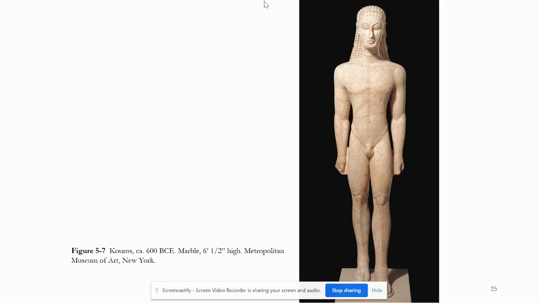And so you see that in this figure here. It is still very geometric, very similar to the ancient Egyptians. And it looks very solid and stable, which were all the goals of ancient Egyptian art, but are not necessarily the goals of ancient Greek art.